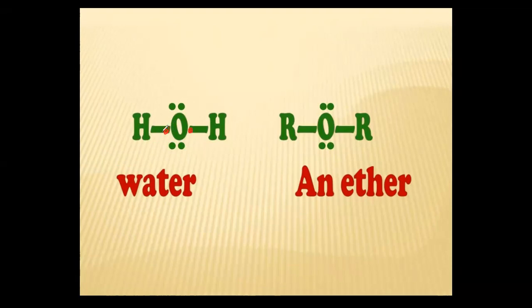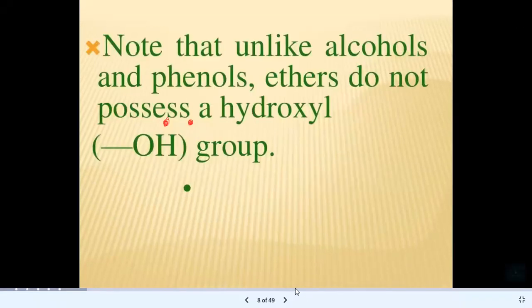Now it can form one bond with this hydrogen and one bond with this other hydrogen and form a covalent bond there. Now, if you substitute the hydrogens and instead you put carbon chains on both sides, then you will have an ether. That's what I was talking about minutes ago. Okay, let me delete these dots that I left there. All right.